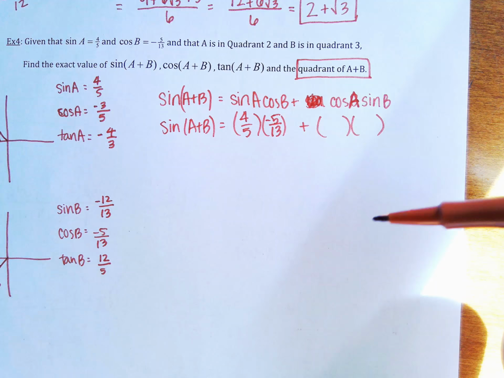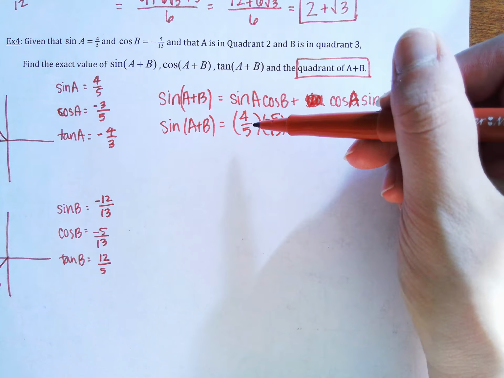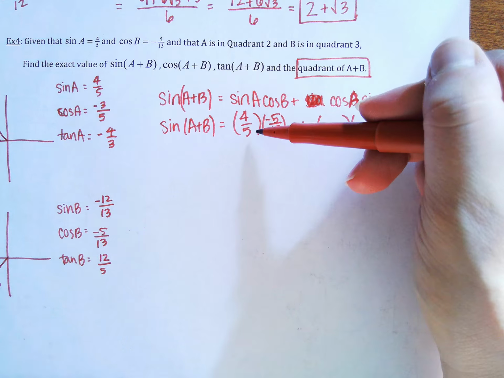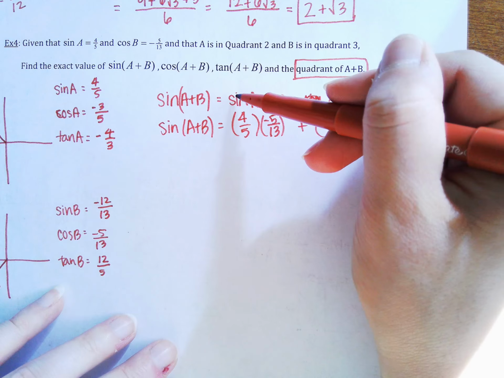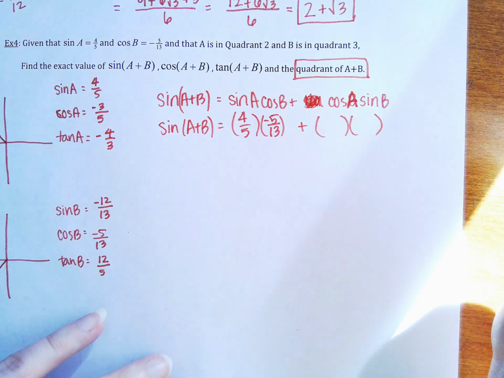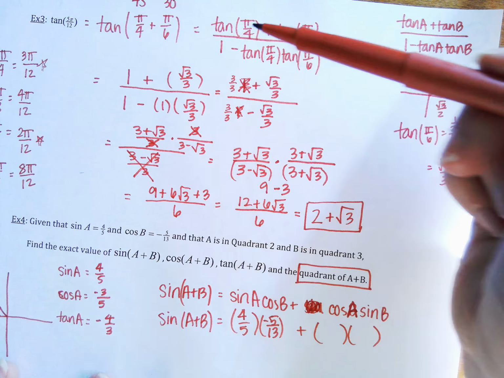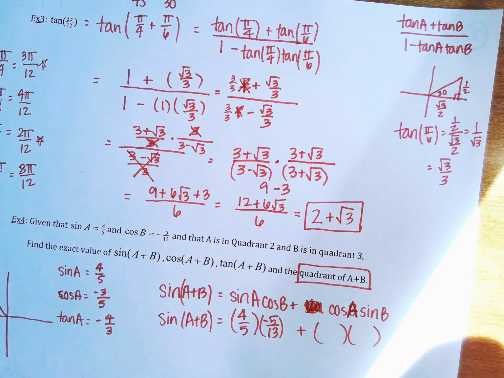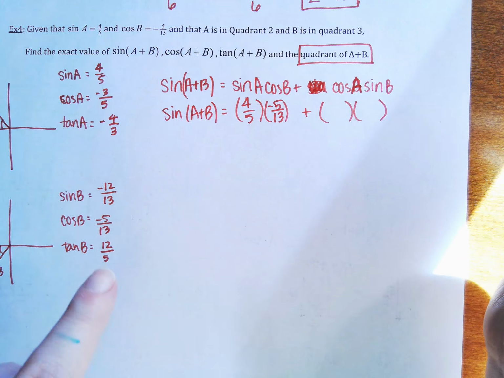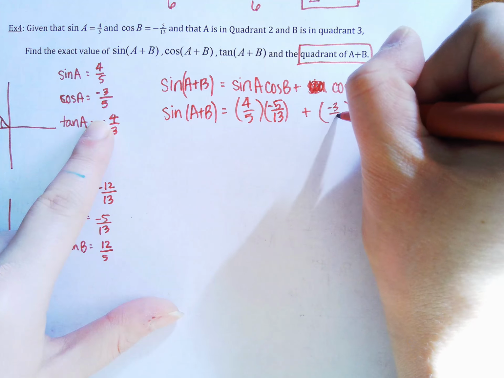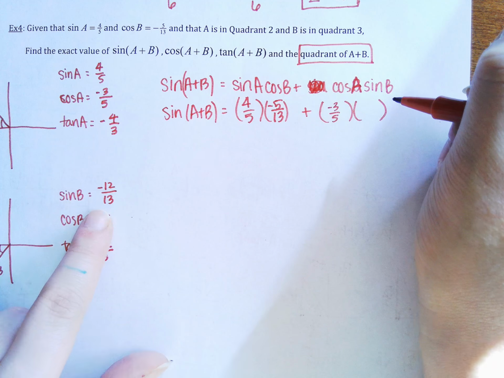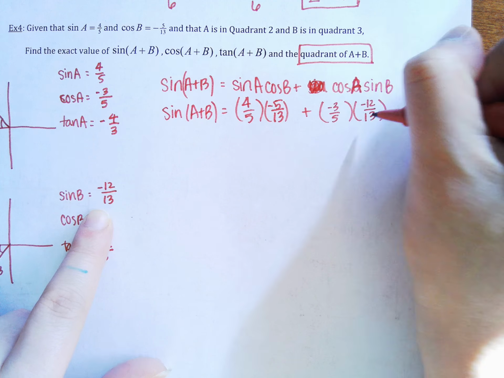In these problems where you're given the ratio, you're replacing the entire sine A with this ratio. It's like if I do the tangent of 45 degrees, I get this ratio of root 2 over 2 over root 2 over 2, which is 1. Same idea. Cosine A is negative 3 over 5, and the sine of B is negative 12 over 13.